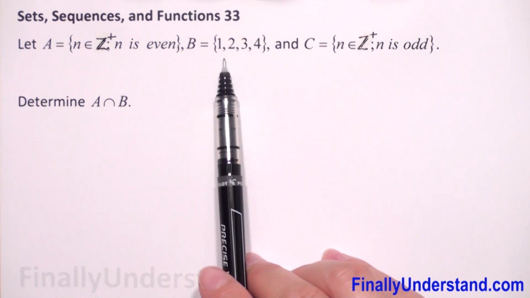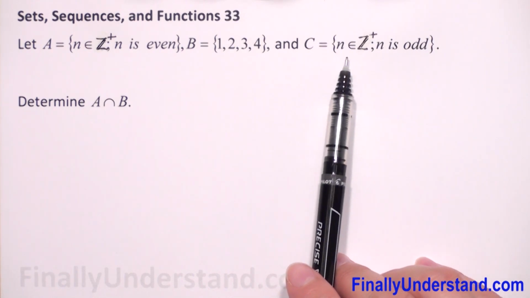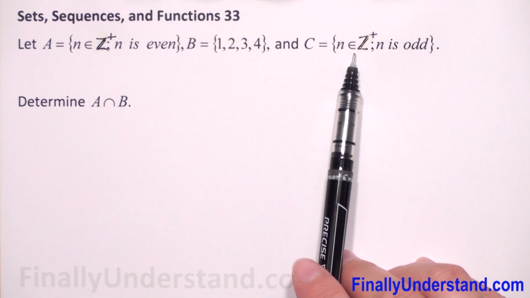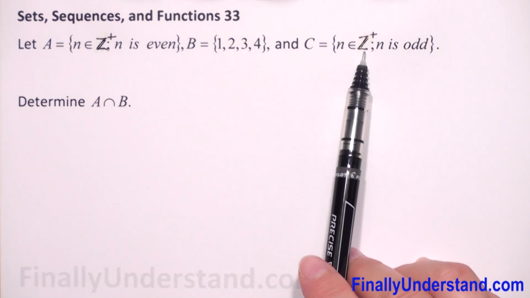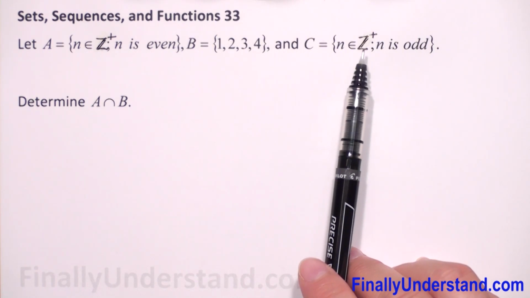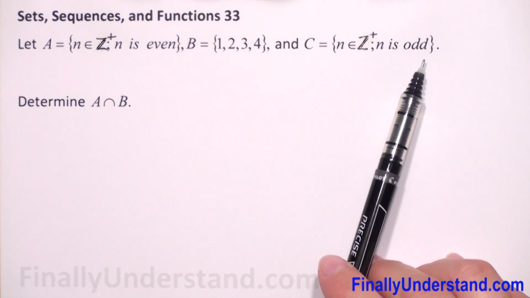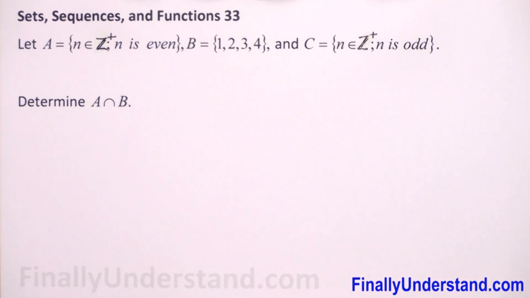Set B has elements 1, 2, 3, 4, and set C has all elements N which belong to Z plus. So again we have positive integers, and N is odd. So first, all numbers I use for counting are positive integers.